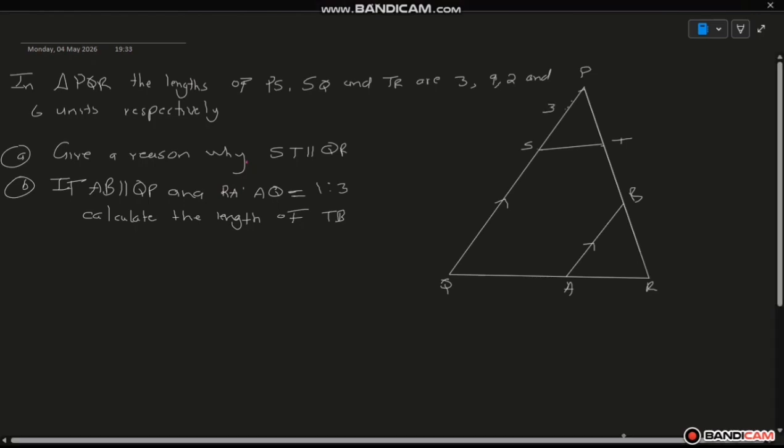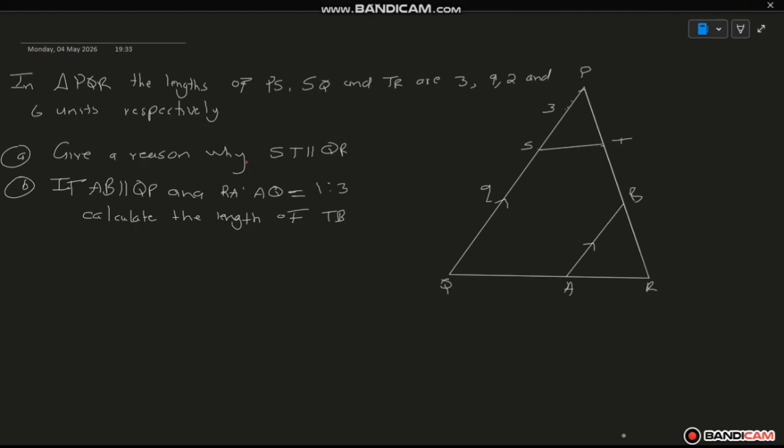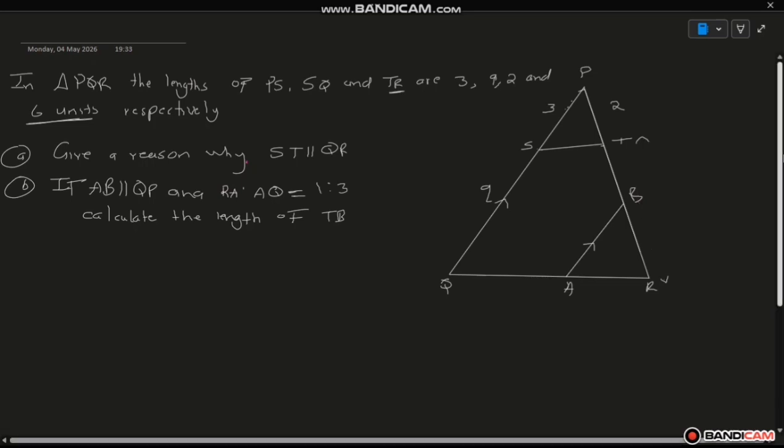So PS equals 3, the length of SQ is 9, the length of PT is 2, and the length of the entire TR, as you can see, is equal to 6 units. So here TR combines TB and BR, then the entire length is TR. Let me just fix this line here and try to make it a straight line. So the length of TR we're having 6, right?